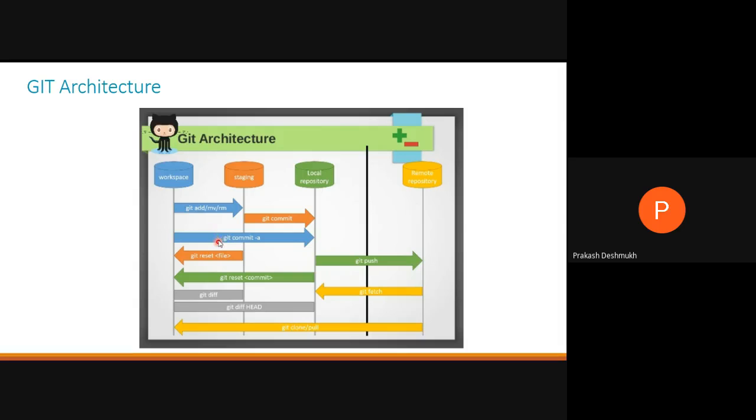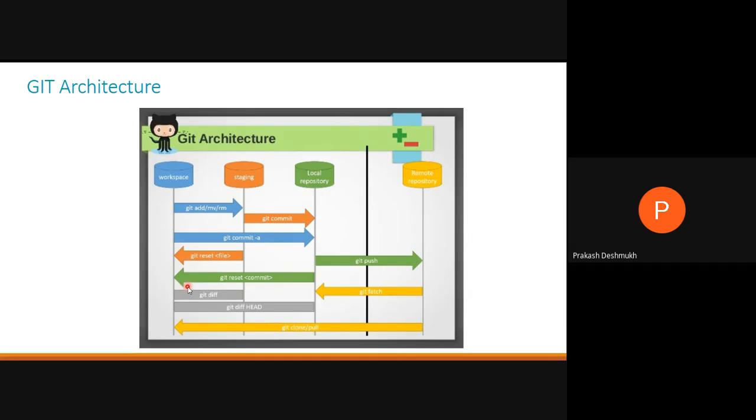There are other commands like git commit -a, git reset and git reset commit. So there are different commands that also we'll see. But basic cycle to start with, and overall architecture, is there are remote repository, local repository, staging, and workspace. So you do changes in the workspace and staging, and then commit the changes in local repository, and it gets pushed to the remote repository.